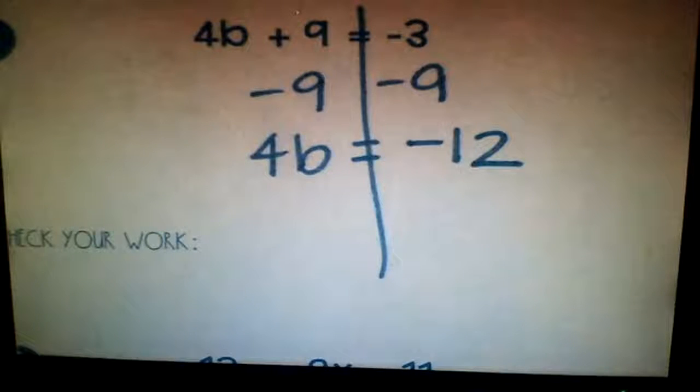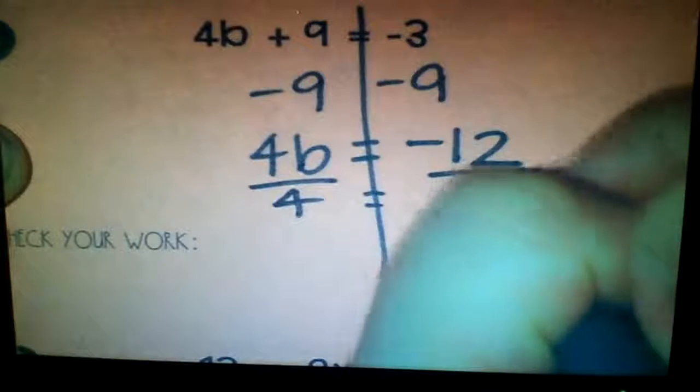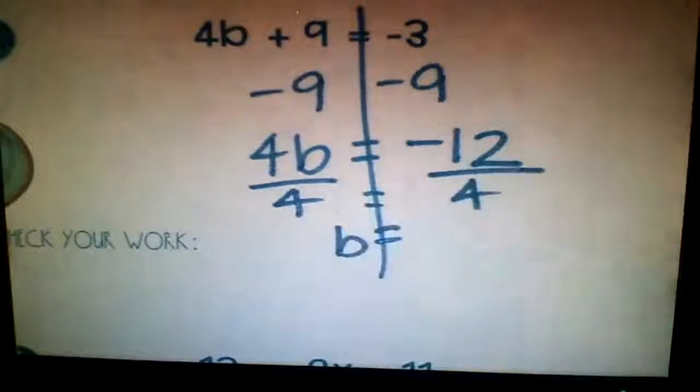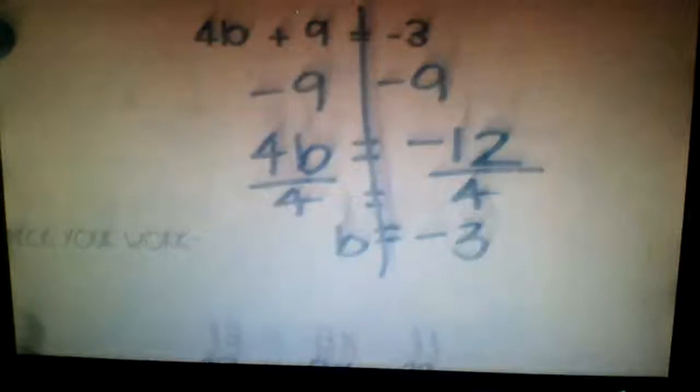I got you. Hold on. Okay, now what? You divide by 4. We need to divide by 4. So B equals negative 3. B equals negative 3.